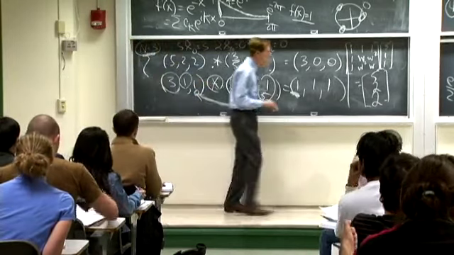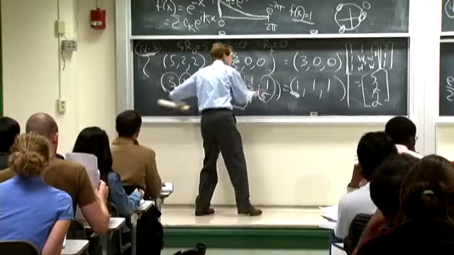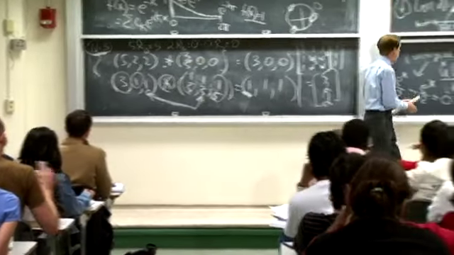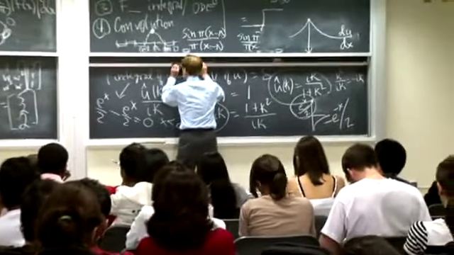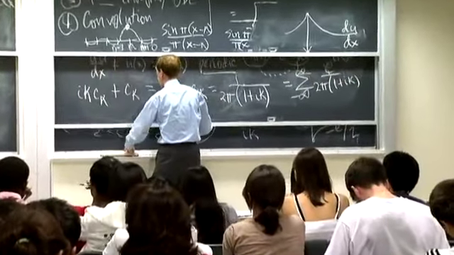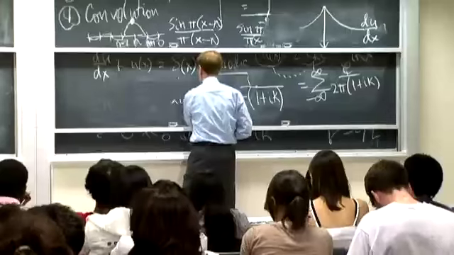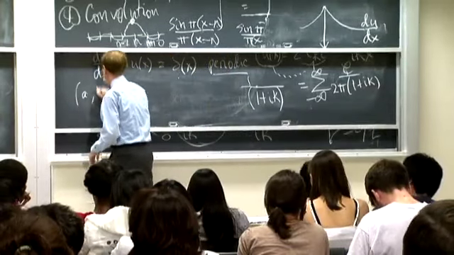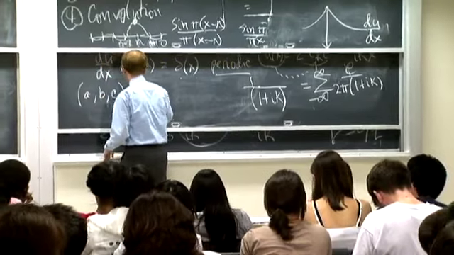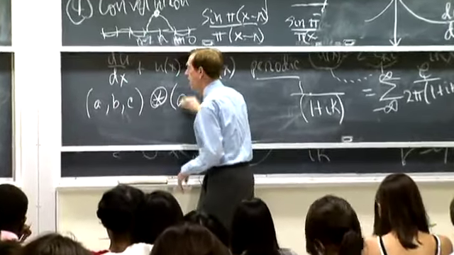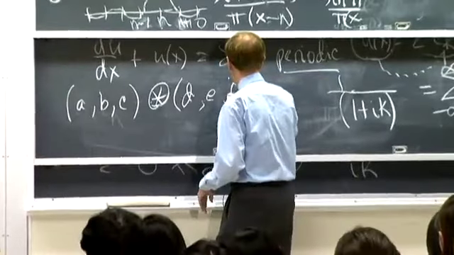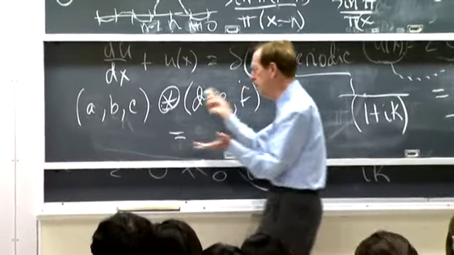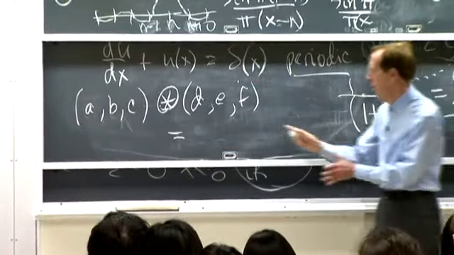So we're just remembering what it means to do a convolution. You remember the point about convolutions, that if I'm convolving ABC cyclically with DEF, just tell me again, what's the constant term in this?